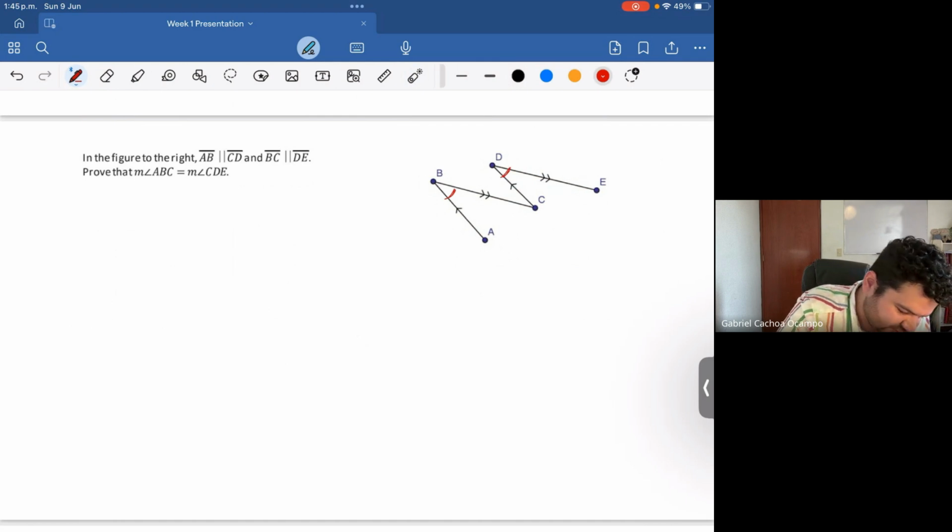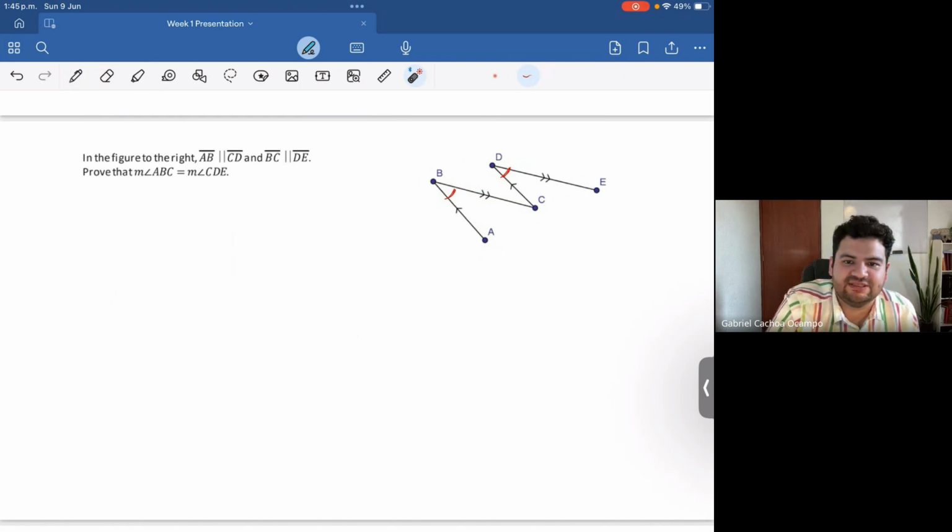And that is true, because look, EDC is the same as DCV because alternate interior angles. And then DCV is the same as CVA because alternate interior angles. And so if this is equal to this, and this is equal to this, then this is equal to this due to the transitive property.